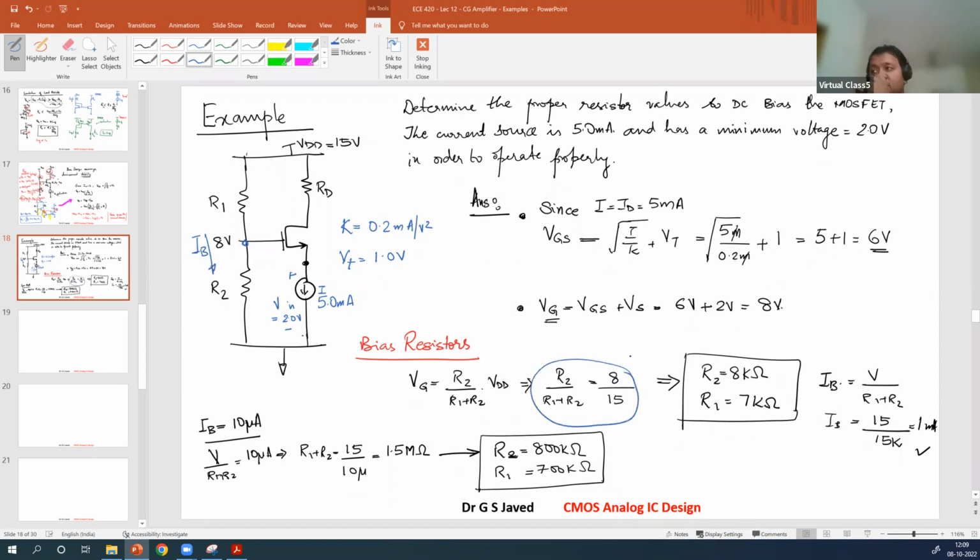If you simplify R1 by R2, you have to maintain the ratio 7:8. So depending upon whatever is the I bias value, you can choose the correct resistors, right? In this case, we have chosen I bias to be 10 microampere. So with 10 microampere, you get about 800 kilo ohm and 700 kilo ohm. If you take 1 milliampere, you get 8 kilo ohm and 7 kilo ohm as the values.